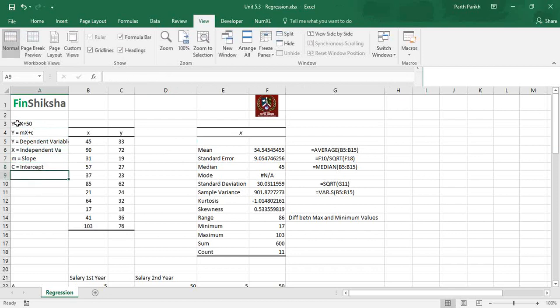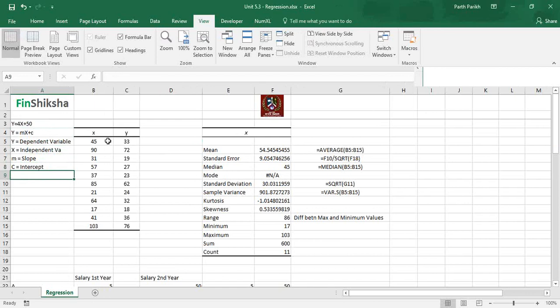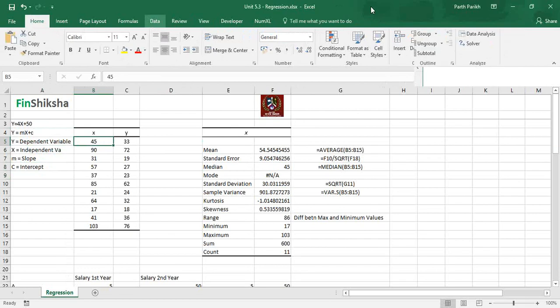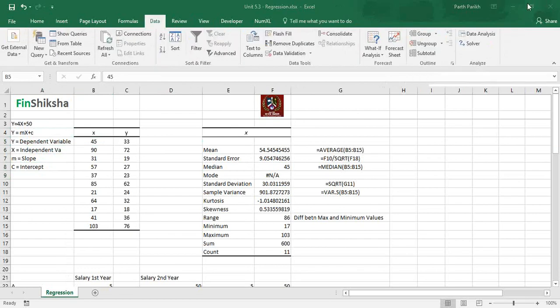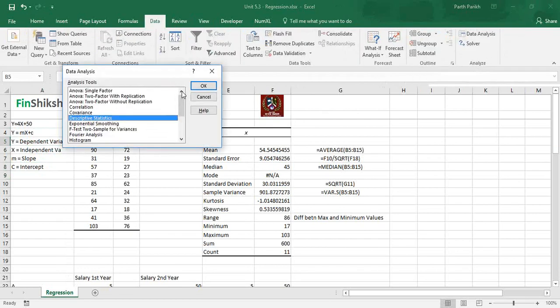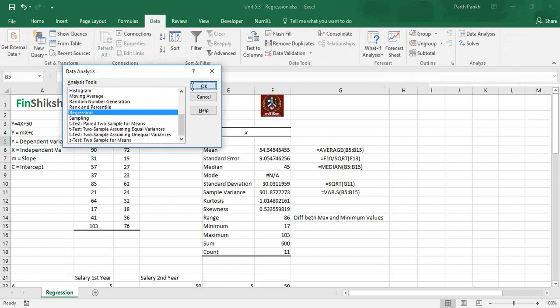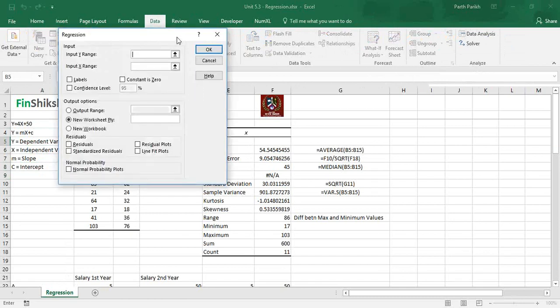Okay, now we will figure out how to run the regression on the data set which is given to us. So we'll again go to Data, then Data Analysis. There is an option called Regression. So we click on OK. Now let's understand this one by one.